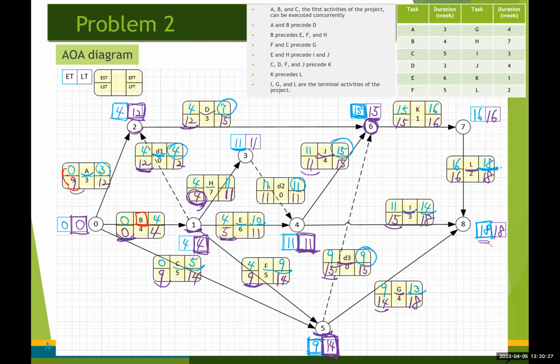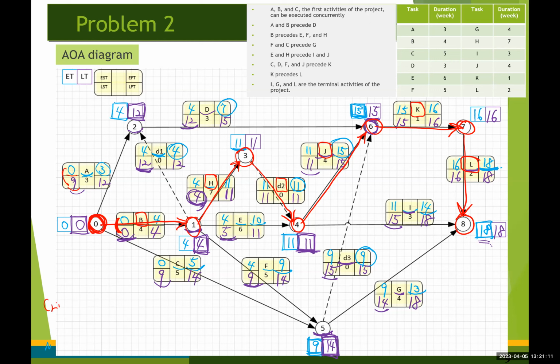Activity B would be one of the critical activities because there is no difference between these two numbers, right? Same thing happened here. Activity H and dummy activity 2, activity J, K, L, right? So if you make a connection from the start node to 1, 3, 4, 6, 7, and then 8. That's going to be the critical path.